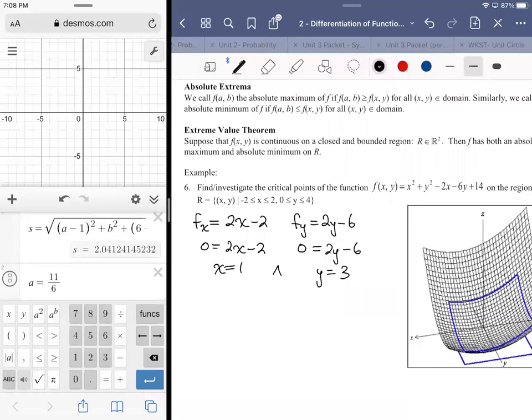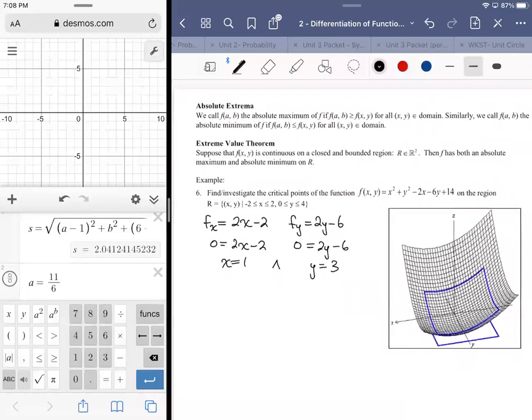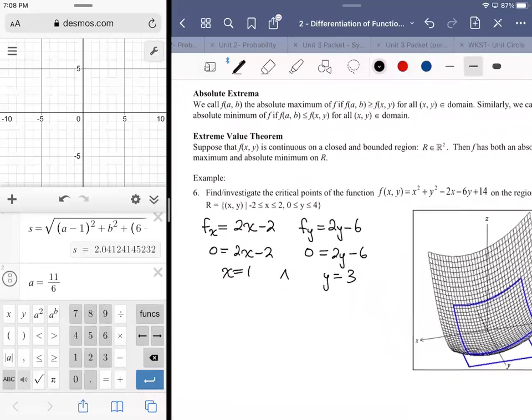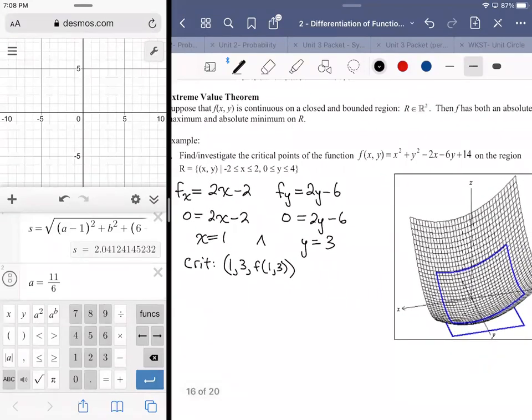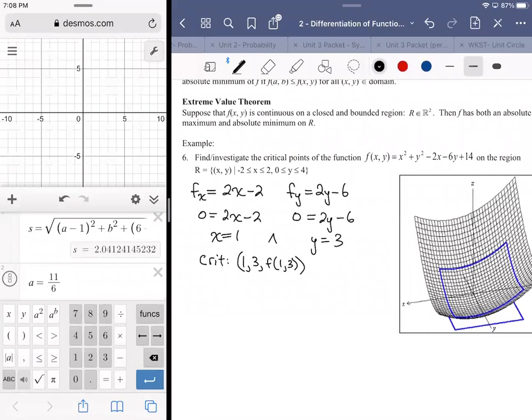So we have critical values, but ultimately we're looking for extreme values. So my critical point is (1, 3), and f of (1, 3). We have some bounds here that we have to account for.